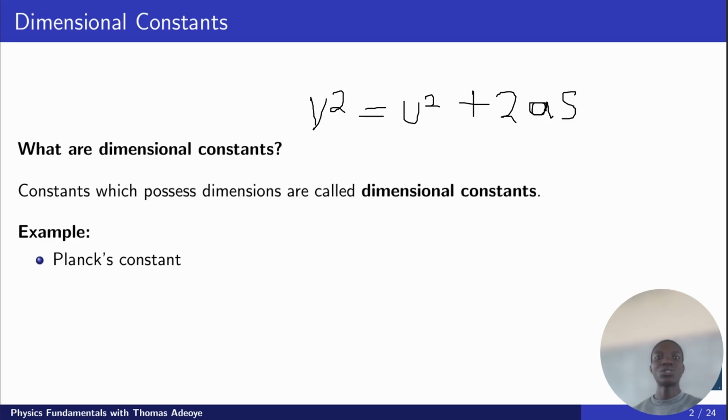When we use dimensional analysis to check whether this equation is valid, we discover that 2 is dimensionless. It does not have dimension, and 2 is a constant because it's just a pure number.